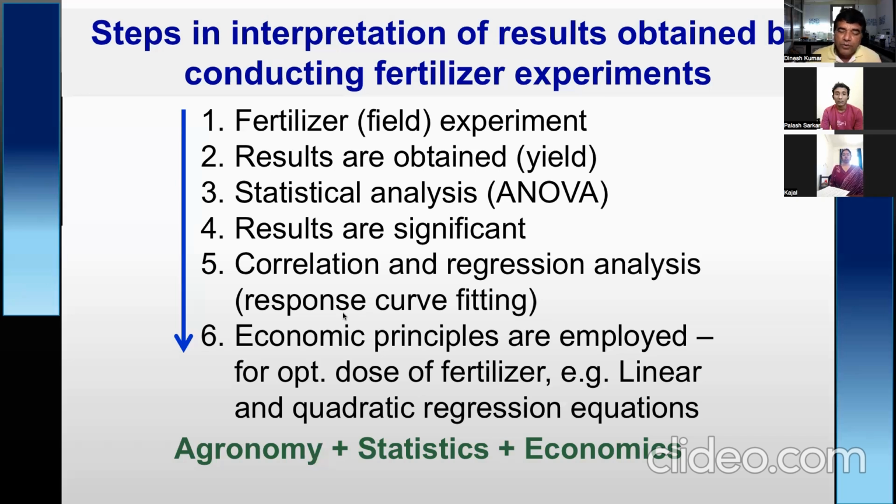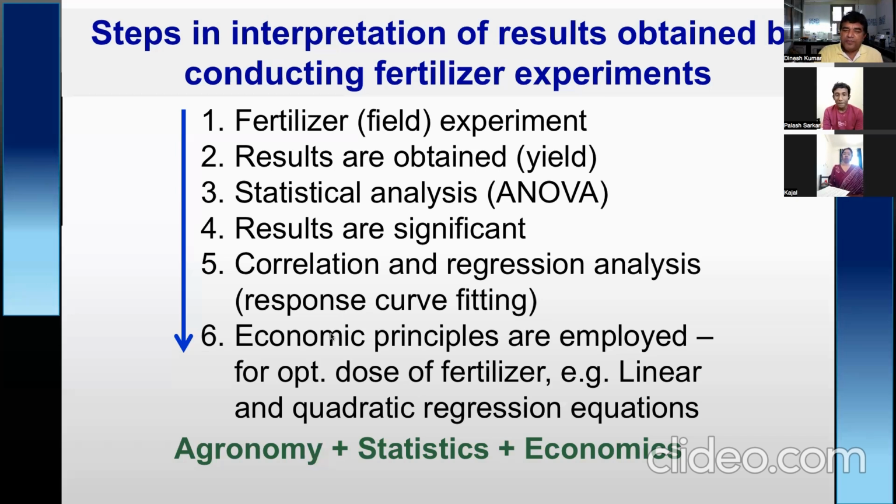It can also be used to predict the yield at an unknown level of X. At an unknown level of X, we can make predictions from that equation. That is the purpose of developing a regression equation, regression line, regression model, regression curve, whatever you call it; they are the same. This is called the response curve. You can call it response curve or response equation.